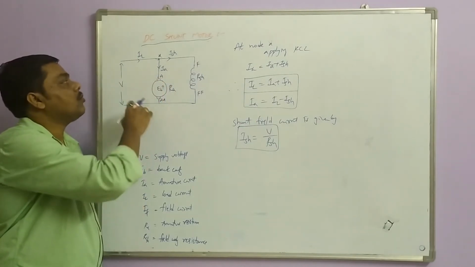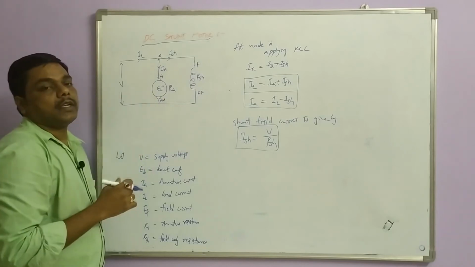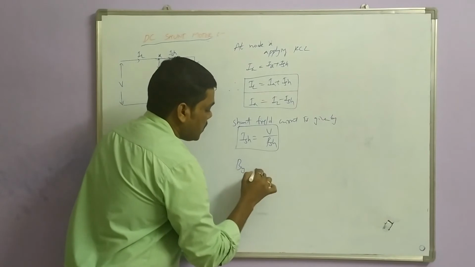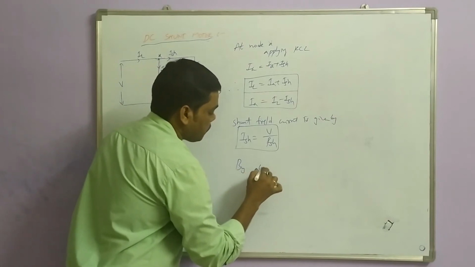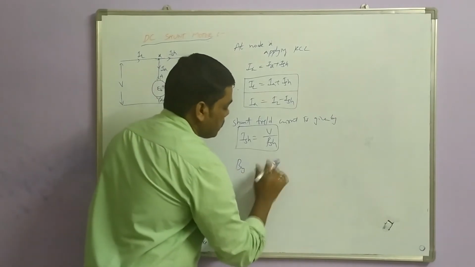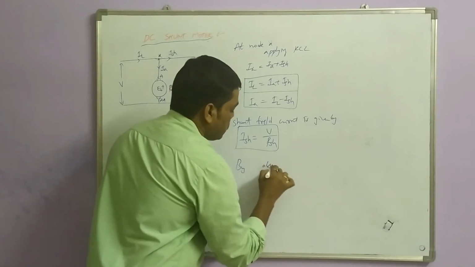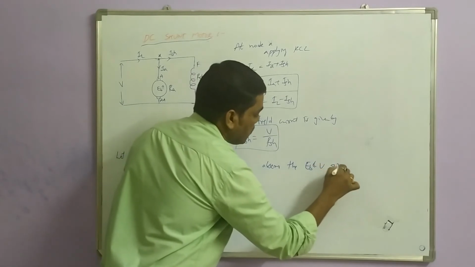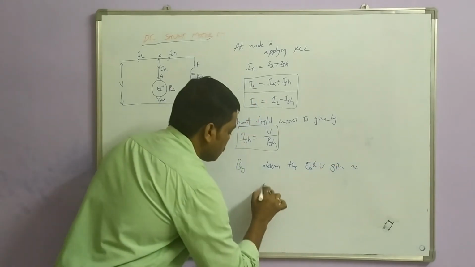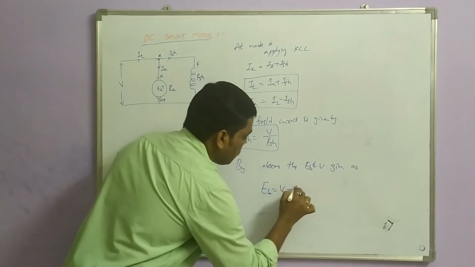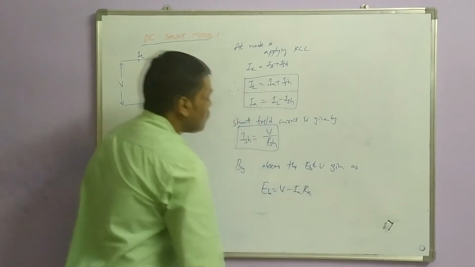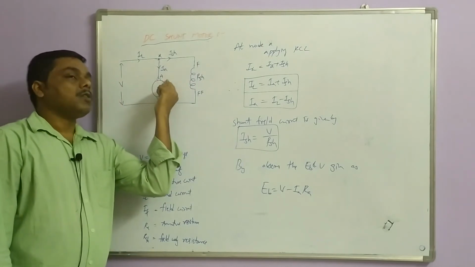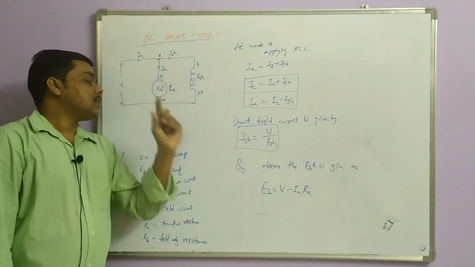So the relation among these, by observing the EB and V, is given as EB is equal to V minus IA into RA. So you are applying some voltage and the armature drop is there, and you are getting the back EMF.